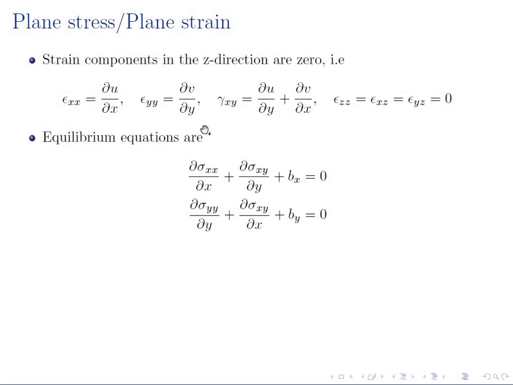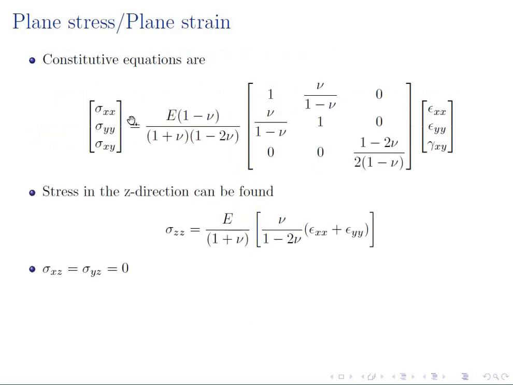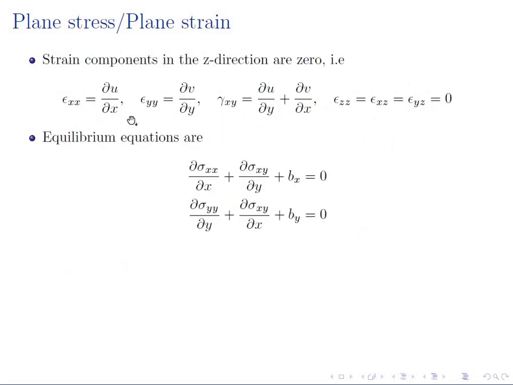So correspondingly, the out of plane strain components are 0, or epsilon zz is equal to 0. Similarly, epsilon xz and epsilon yz are also equal to 0. We will have only 3 in-plane strain components: epsilon xx, which I can calculate using this equation, and similarly epsilon yy and gamma xy.